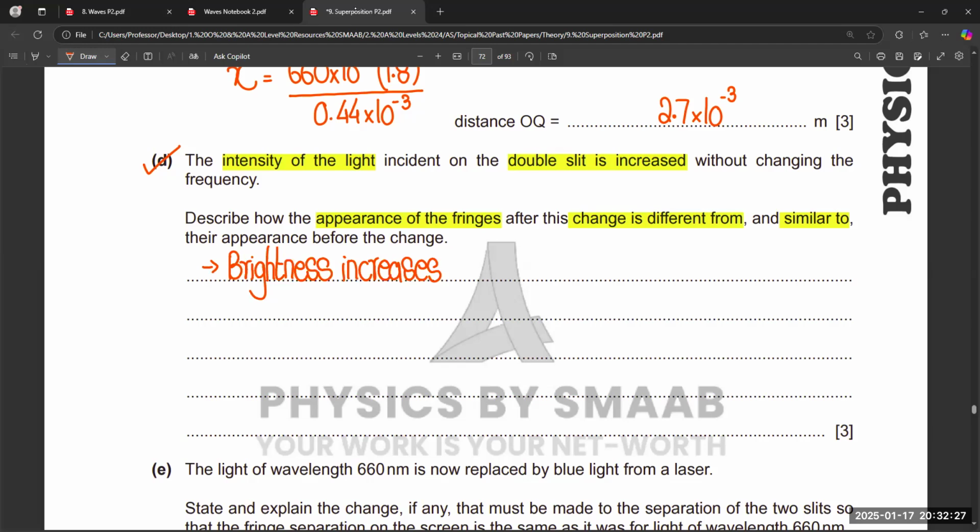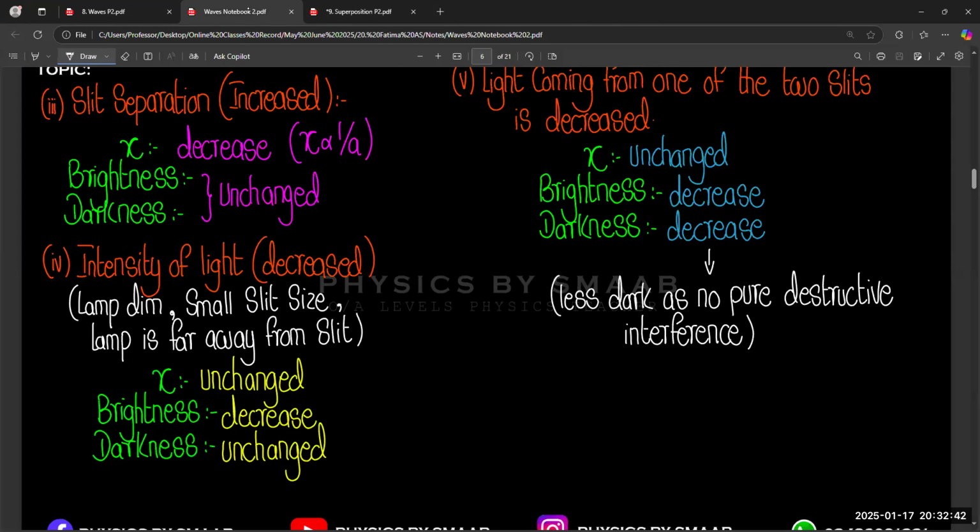I'm writing the main points, so you can phrase according to your choice because only the main concepts are important. You can write the paragraph according to your choice, no issue. And the second thing, there is no change in dark fringes.